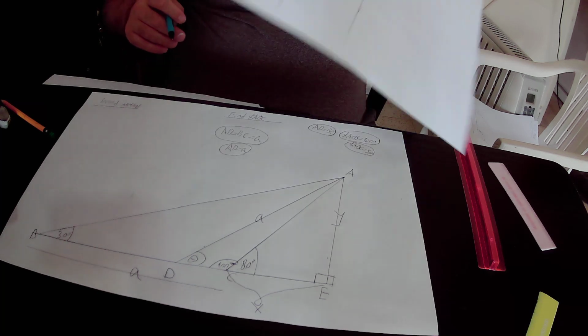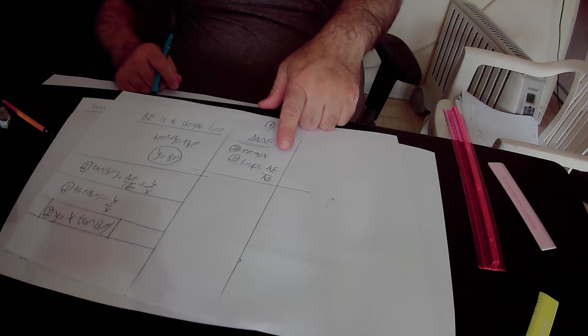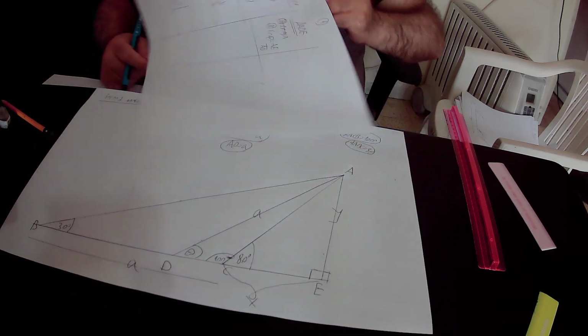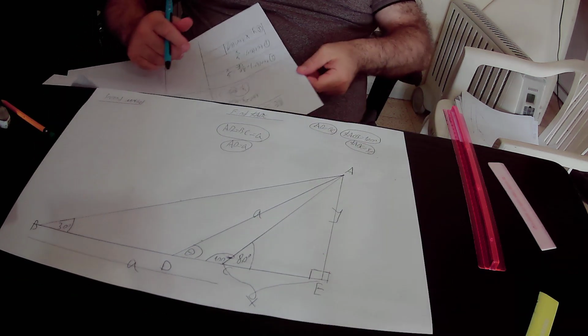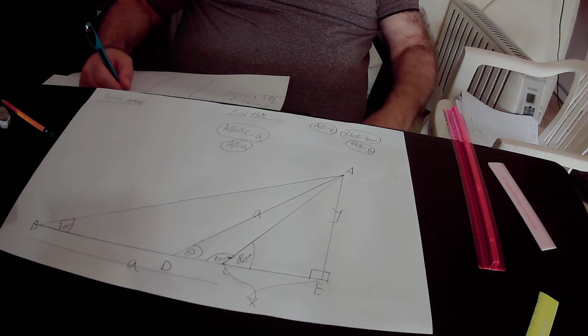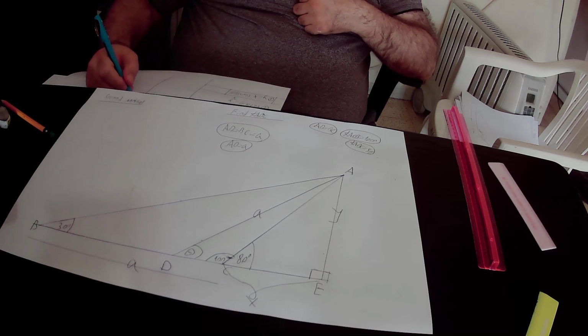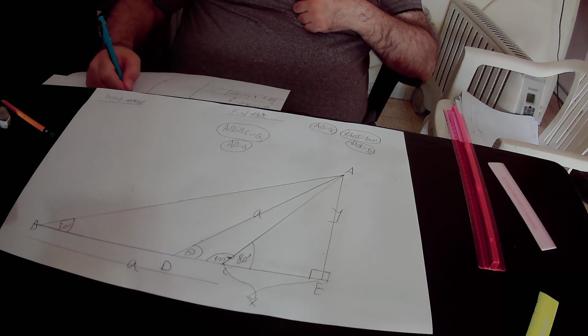In the right triangle ADE, sine theta equals AE over AD. But according to our definition, AE equals Y and AD equals A, according to what we have already found out.